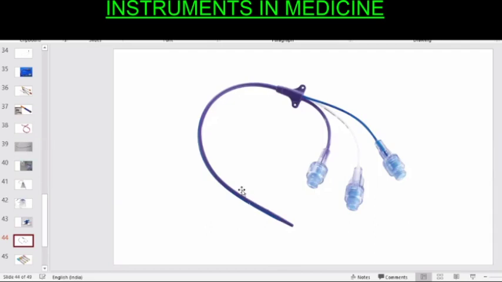The complication is it is a site of infection. It can lead to right-sided infective endocarditis. It can lead to pulmonary embolism also. This central venous catheter can get blocked. Then you have to instill heparin through one of the ports so that the thrombus doesn't enlarge in size and the thrombus dissolves.